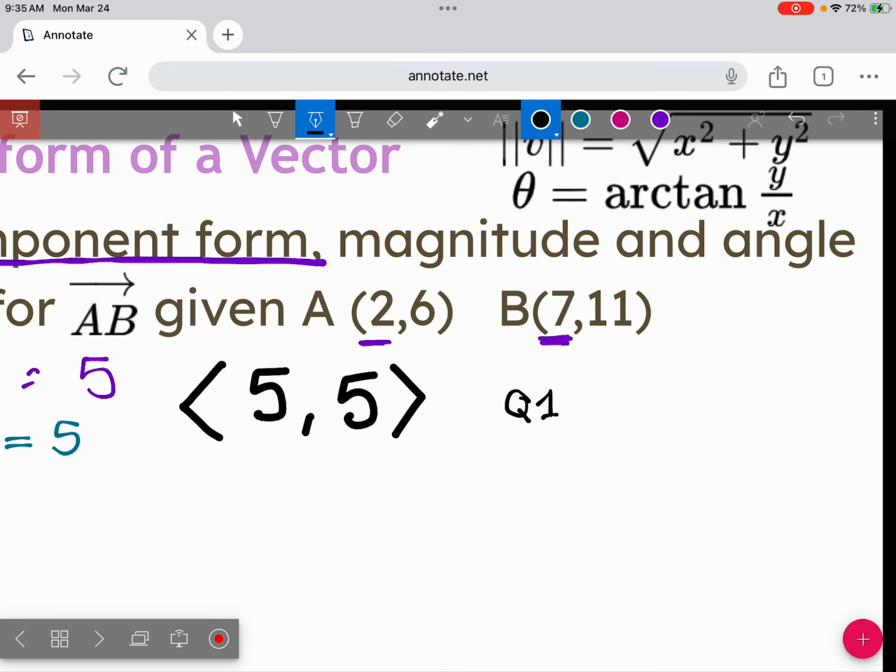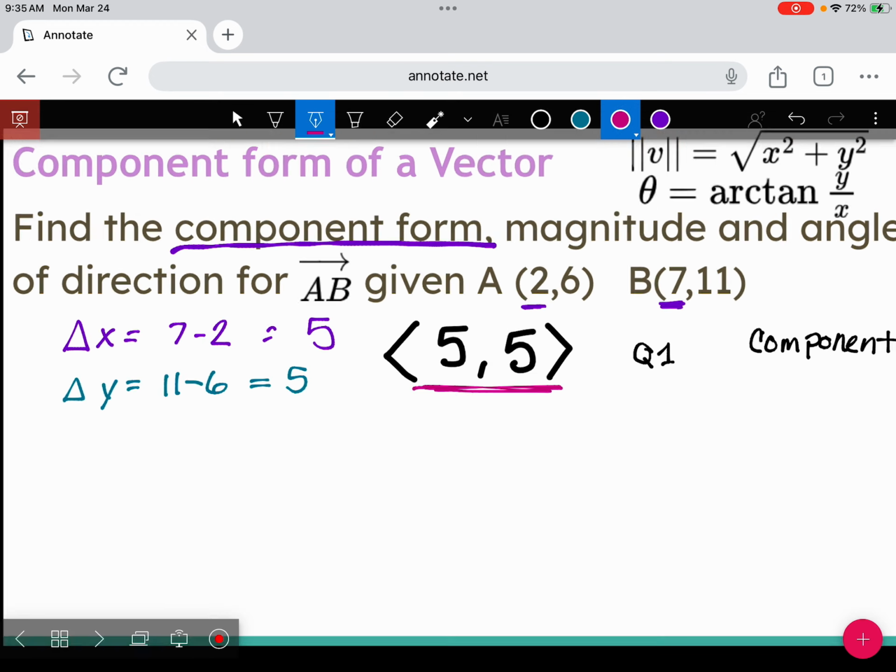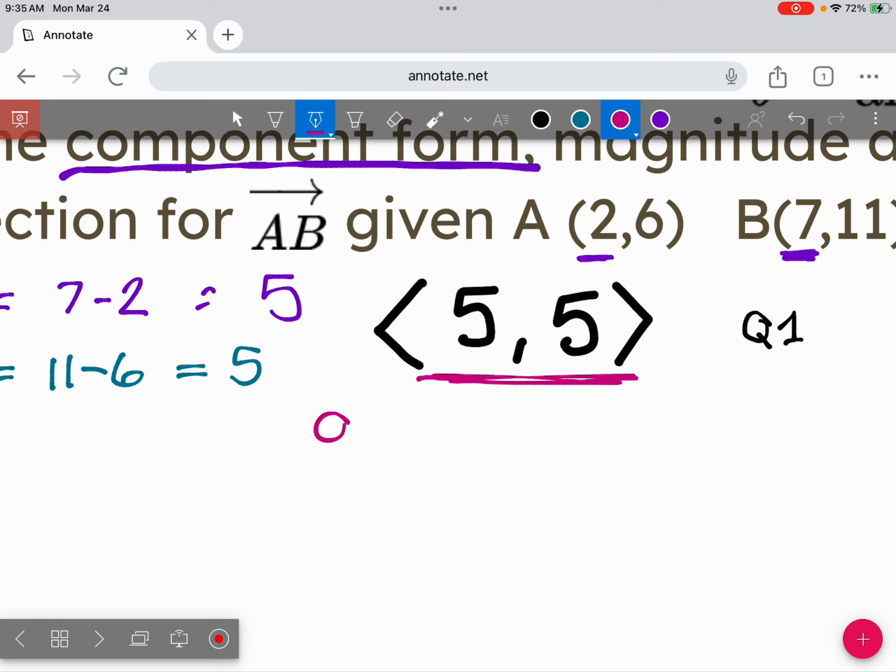So this is our component form. Just writing it down so we remember. For all the other calculations, we have to use the component form. So this is our vector, which I'm just going to call vector A. This is the guy that we can use to calculate our magnitude and our angle.